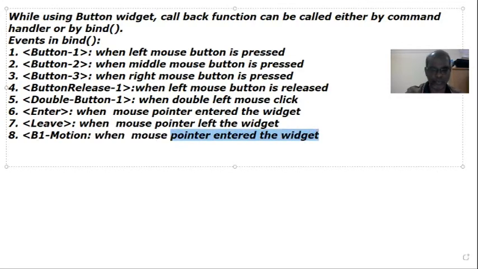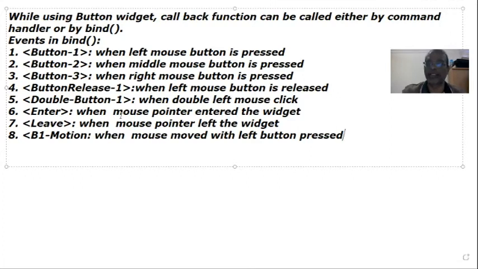B1-Motion is when the mouse is moved with the left button pressed. So these are the events that will be raised. When the left mouse button is pressed, Button-1 will be raised. When the middle button is pressed, Button-2 will be raised. When the right mouse button is pressed, Button-3 will be raised. When the left mouse button is released, ButtonRelease-1 will be called. When double-clicking, Double-Button-1 will be raised.